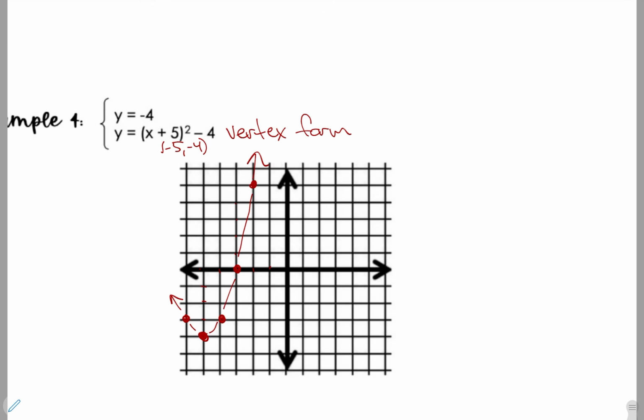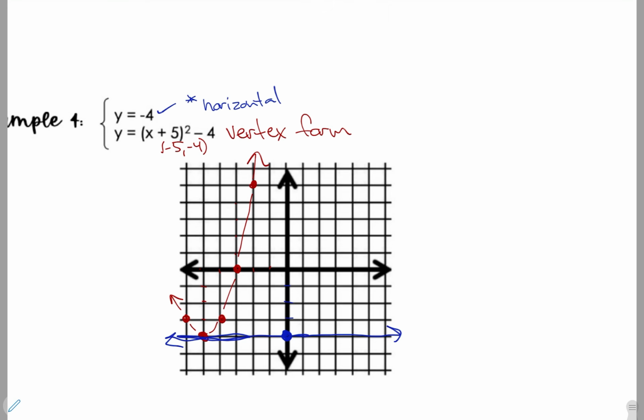Now for the second line right here, y equals -4. This is a special line. This is called a horizontal line. It has no slope. Remember, slope is attached to x. So we're going to go to -4. 1, 2, 3, 4. That's -4 right there. And we draw a straight line going across.